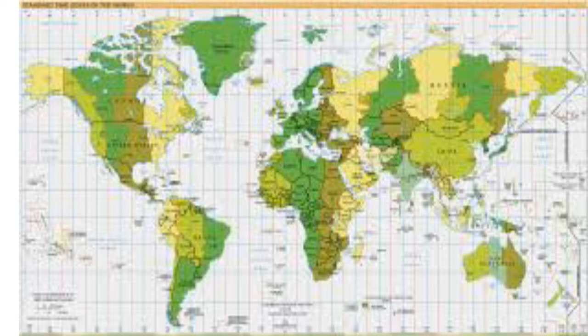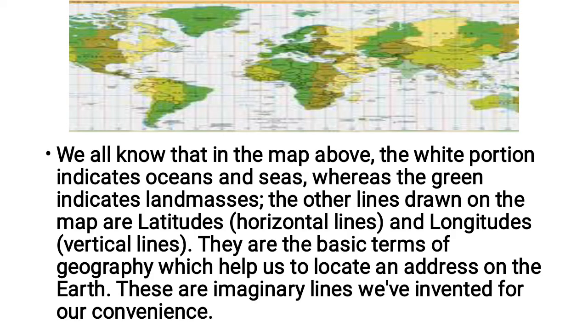So, at first, we have to know about latitude. You can see in this picture, the map area, the white portion is indicating the oceans and seas, where the green indicates land masses. The lines drawn on the map are latitude, the horizontal lines, and longitude, the vertical lines.